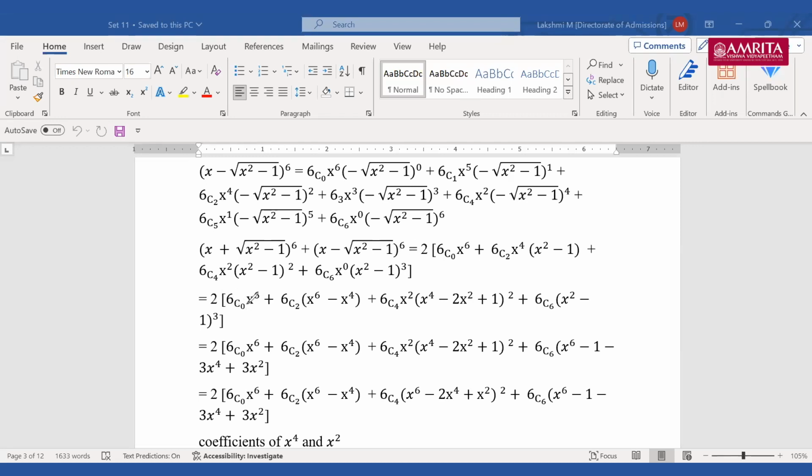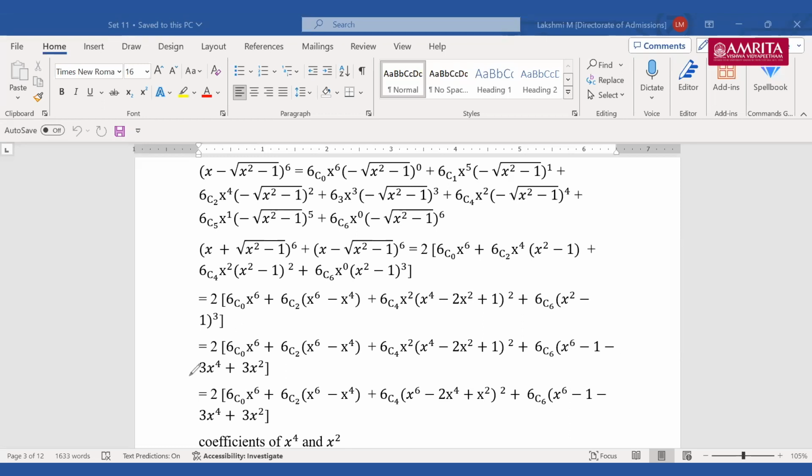2 into 6C0 x raised to 6 plus 6C2 x raised to 6 minus x raised to 4 plus 6C4 x square into x raised to, this expansion you can do, right? A minus b the whole square, a square minus 2ab plus b square, a minus b the whole cube, that also you can expand. So this I have written, x square minus 1 whole cube.